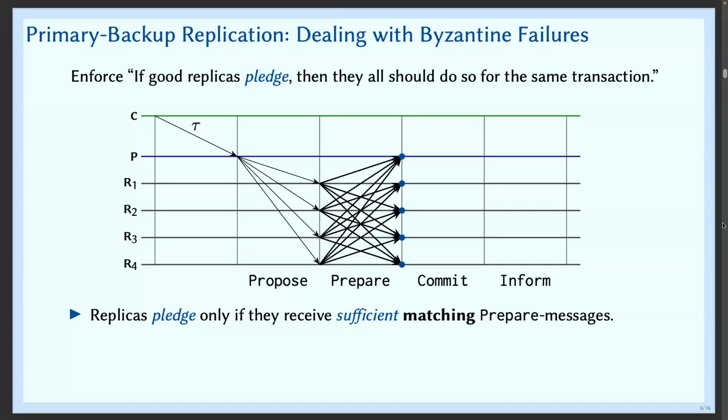For example, I could form a quorum of all the honest ones, with F nodes that are bad, and here I have 2F+1 that are good. That's one possible quorum.